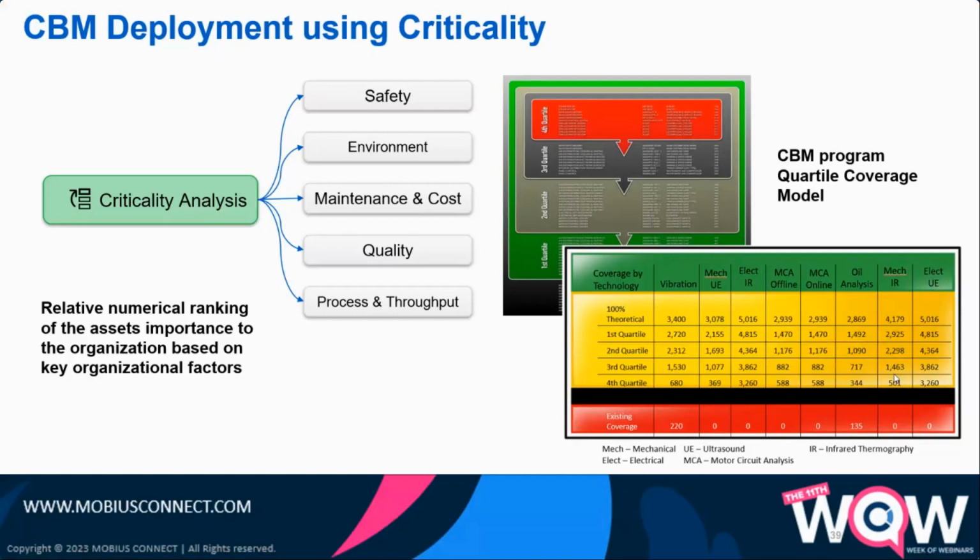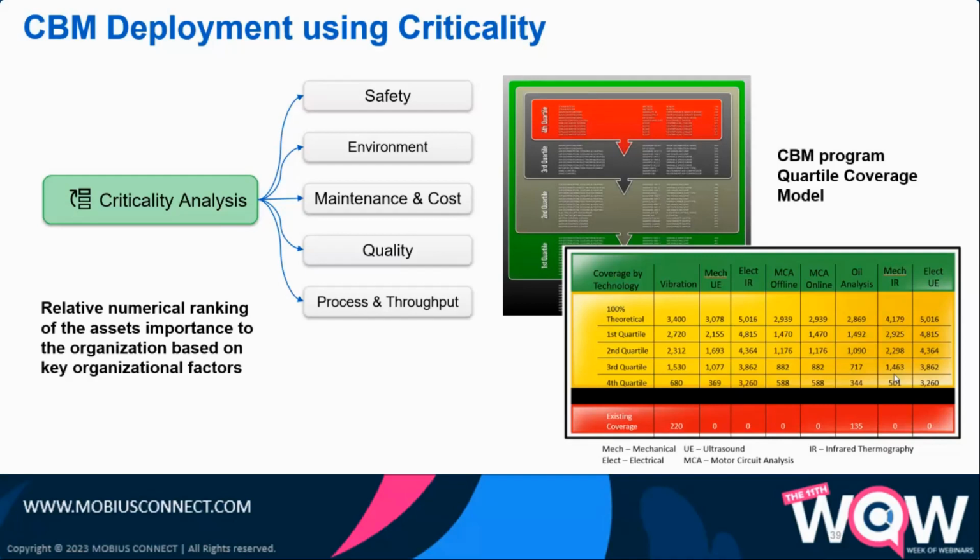You start with the highest critical assets, and the highest critical assets in the quartile coverage model actually is the 4th quartile. And you deploy all of your condition monitoring technologies to address all of your failure modes in those high critical assets.